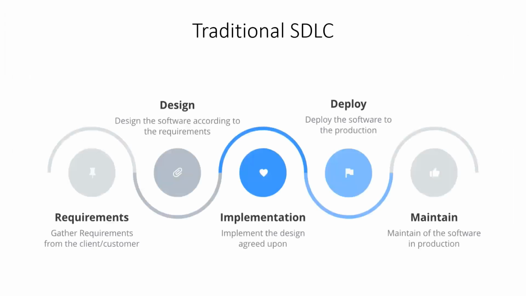Because in the world of software development, there is a requirement gathering phase, designing phase, implementation phase, deployment phase, and maintenance, right? Do you think everything is done by one person in a regular SDLC? No. Do you think everyone can do every job? No. Everyone is specialized in something, right?